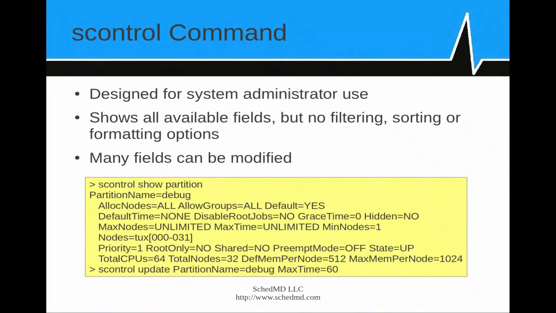You can just change whatever fields are of interest. So in the example shown here, I'm changing the maximum time limit from unlimited to 60 minutes for the debug partition.